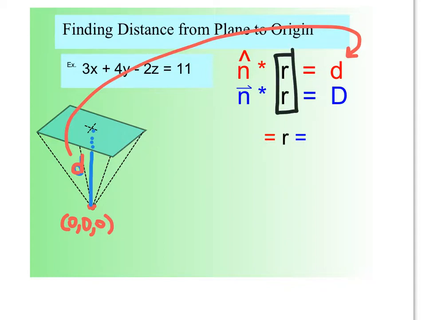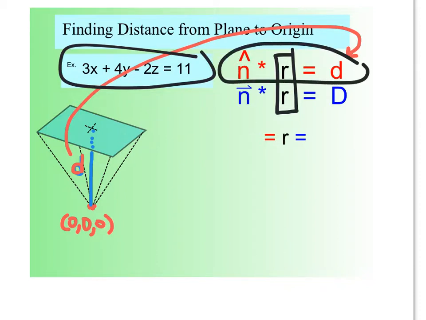What you'll notice in both of these equations is that r is a component of both of those. This is just the vector, or the plane, r, which would be whatever that plane is. If I solve for r in the first equation, r equals lowercase d over n hat, which is the unit vector in the direction of the normal.